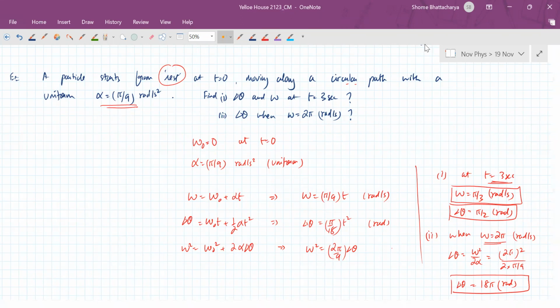Okay, so this is all very simple stuff. We are coming to the main important parameters of circular motion. Just a moment.